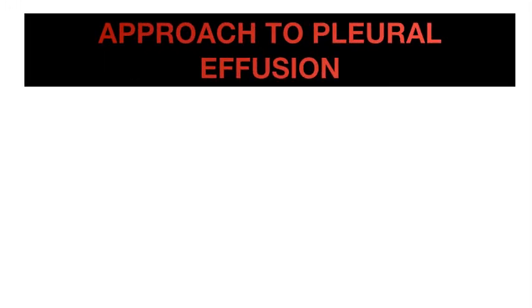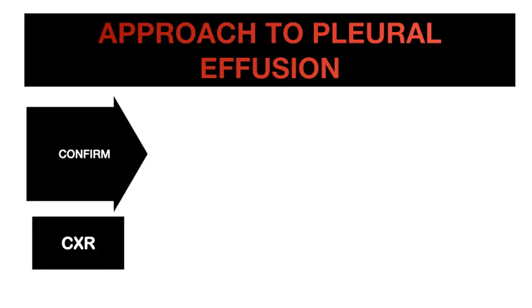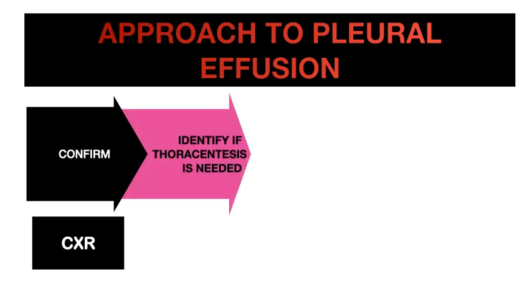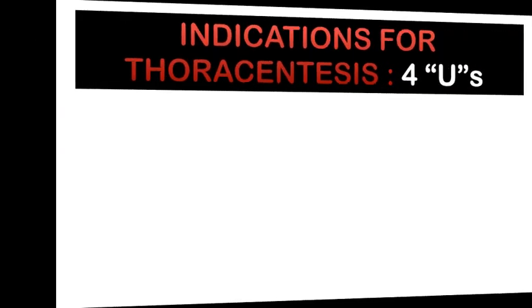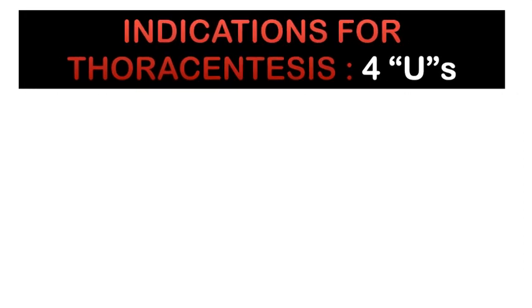The approach for pleural effusion starts by confirming the presence of effusion from the X-ray. The next step is to determine if thoracentesis is needed. We use the 4U's as a guide. What are the 4U's?